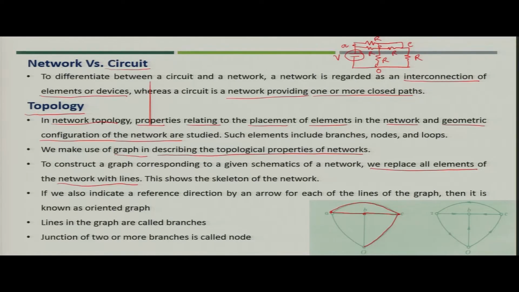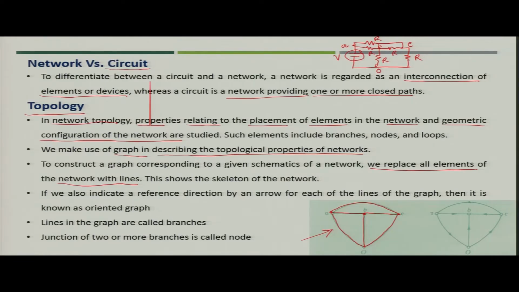So, for this R it is the line. For B to O, we are again creating the line, and between A to O, because this is the voltage source, we are again creating the line. So, this particular circuit will be equally represented as a graph in this fashion, which will remove all the elements.